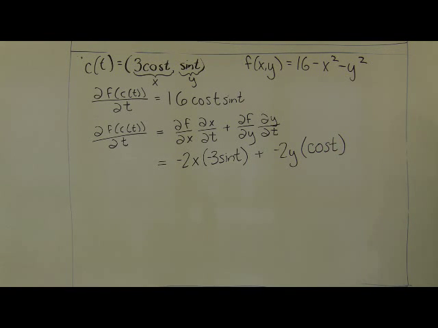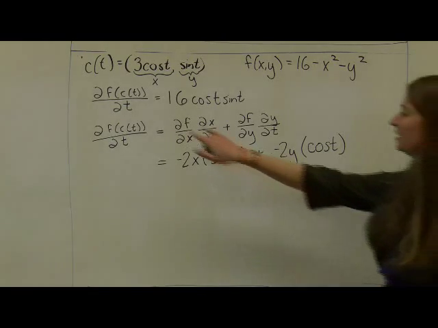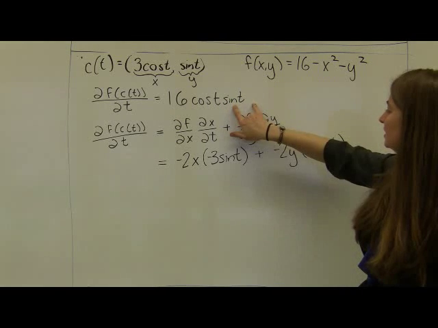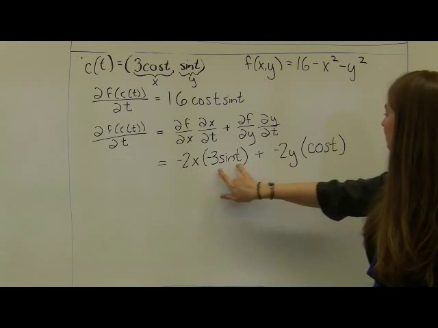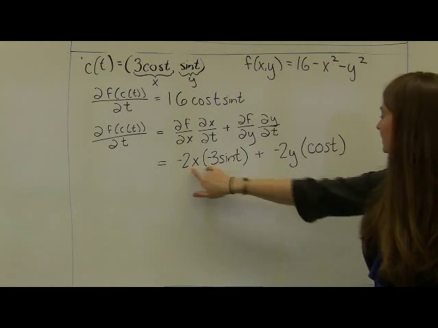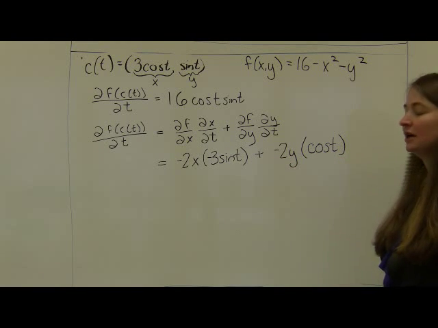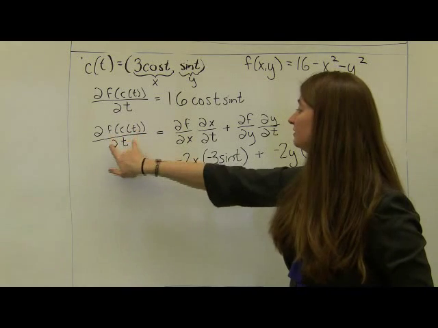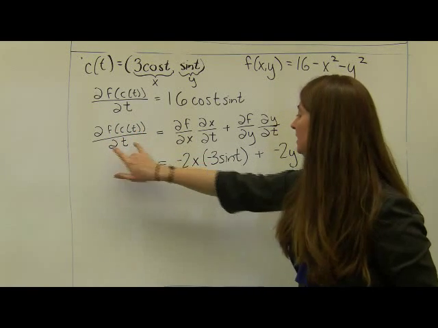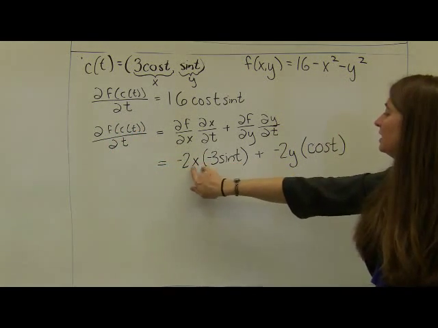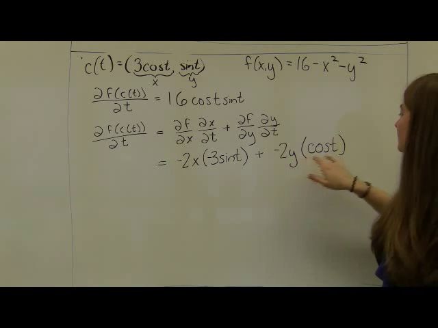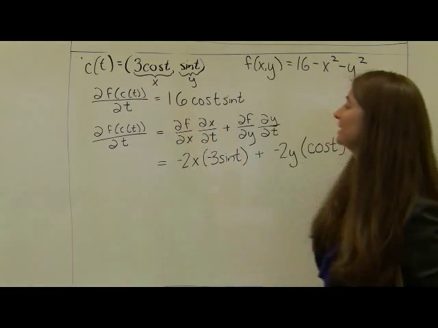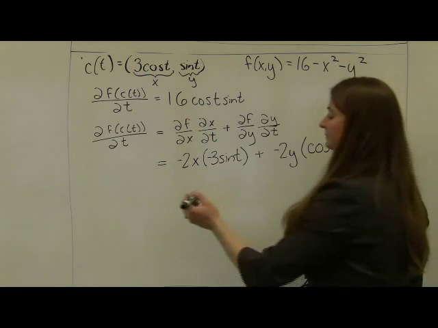And we're done. Almost. Here, we got our derivative with respect to t to be this simple looking thing. Whereas here, I have a really complex looking thing that has x's and y's and sines and cosines. For convention's sake, and actually clarity's sake, my derivative function was written all in terms of t. So I'm going to go ahead and plug in functions of t for each of my x's and y's, which is easy enough to do because I already know what x is equal to in terms of t.